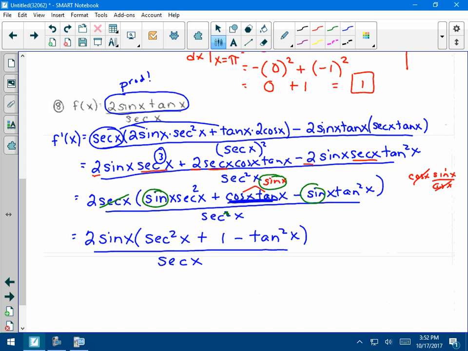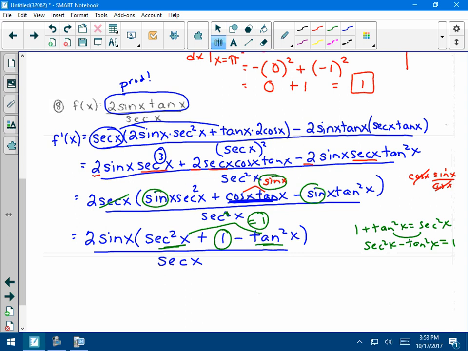Now, anytime I see secant squared and tan, I start thinking 1 plus tan squared is secant squared. So if I've got a secant squared x minus a tan squared x, like I have here, it's equal to 1. So these two together are equal to 1. So now I've really just got 1 plus 1, which is 2.